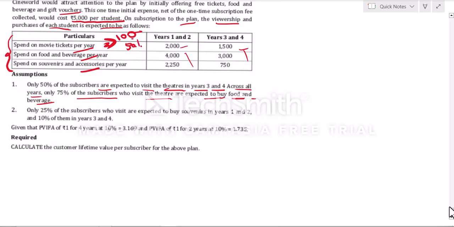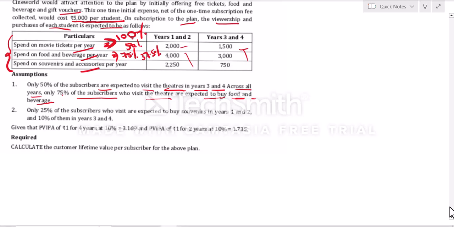For food and beverages, only 75% of persons who visited will purchase. If 100% came in the first year, 75% of them will purchase in the second year. And if 50% come in the third and fourth years, 75% of that, which means 37.5%, will come and eat food and beverages.